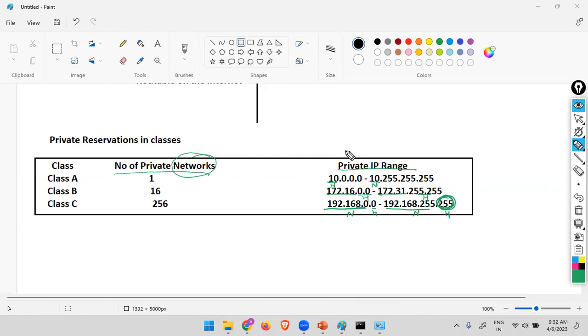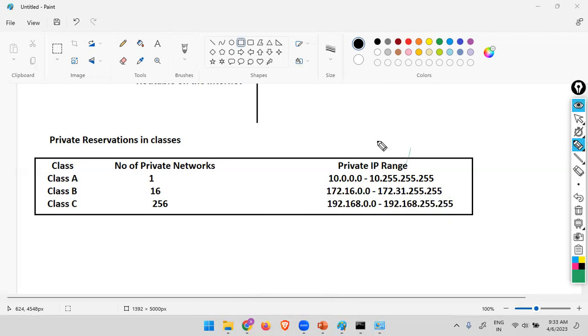Still confused? I know why your confusion is, because according to this, it is the same here. Here also 0.0 till 255, and here also 0.0 till 255. But actually just focus on the network part. How much part is your network? Then it will automatically get clear.